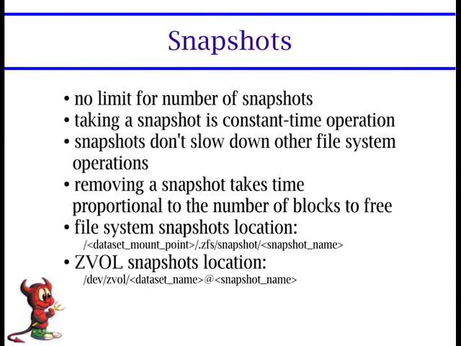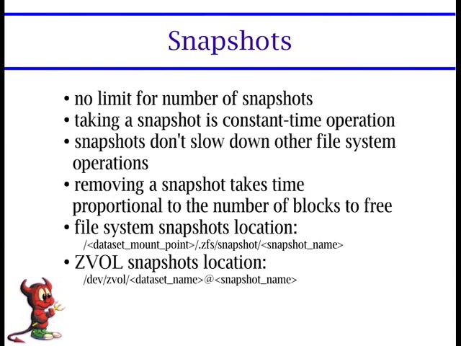When it comes to snapshots, there are no limits on the number of snapshots. And snapshots just take constant time to create. It's less than a second. It's really cheap. They don't slow down other file system operations. And when you want to remove a snapshot, it takes time proportional to the number of blocks to free, because snapshots have to maintain a list of the blocks which are no longer available in the main file system.